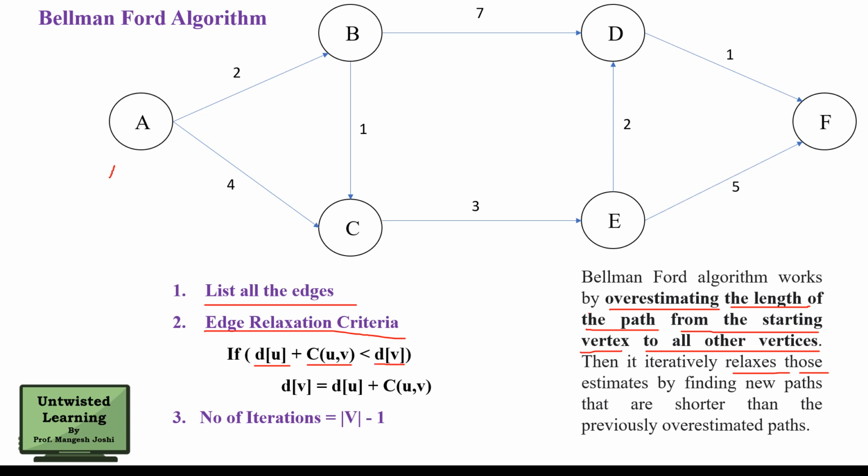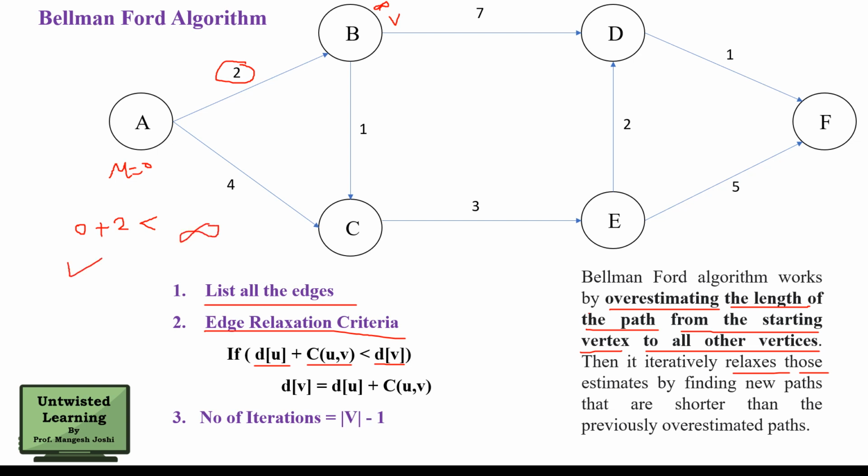For example, suppose the distance of u is initially 0, and 0 plus the cost of u to v, which is 2, is less than the distance of v, initially infinity.